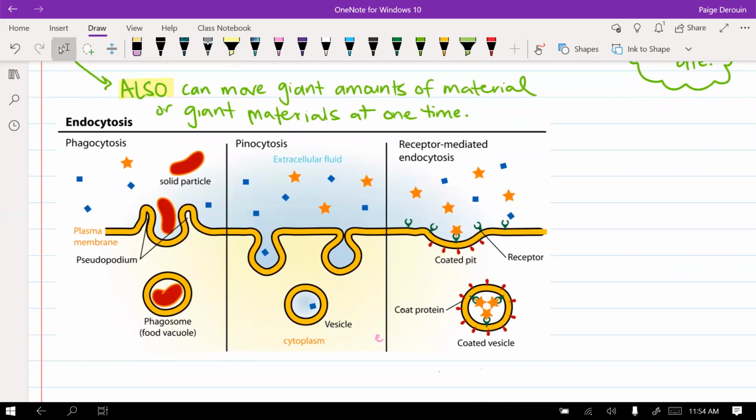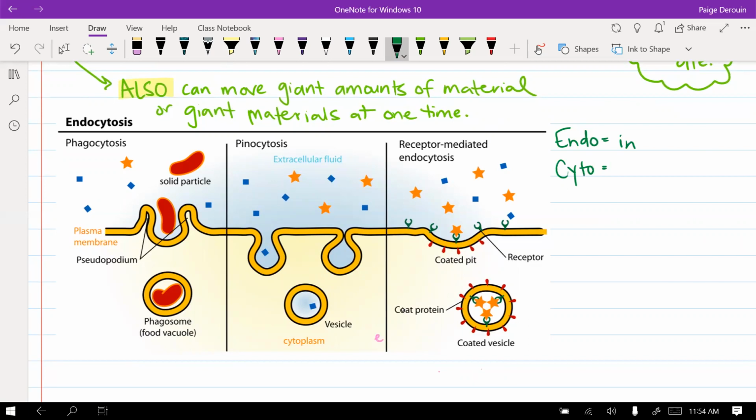All right, so the first thing we're going to talk about is moving huge things or huge amounts of things into the cell. And that is called endocytosis. If we break up this word, endo means in, cyto, what is cyto?